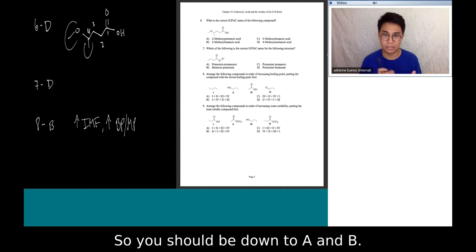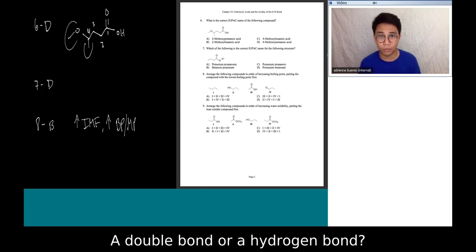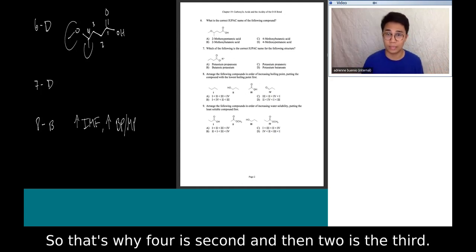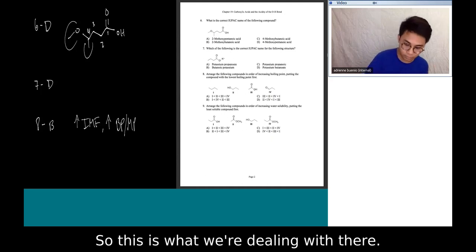We can agree. So you should be down to A and B. Now for four and two, what's stronger, a double bond or a hydrogen bond? That's why four is the second, and then two is the third, because three has both a double bond and a hydrogen bond. So this is what we're dealing with there.